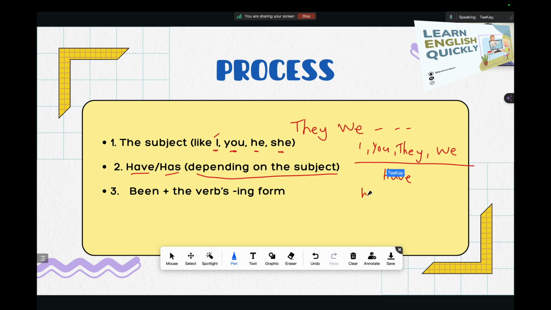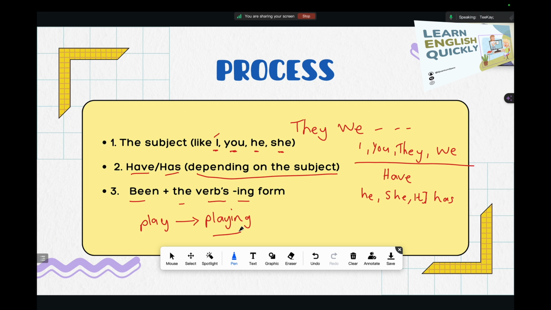But if we have he, she, it, for all of these we use has. And then last but not least, we have been plus the verb's ing form. The verb's ing form is like, here we can say playing. So the verb we have here is play, and the ing form is playing.